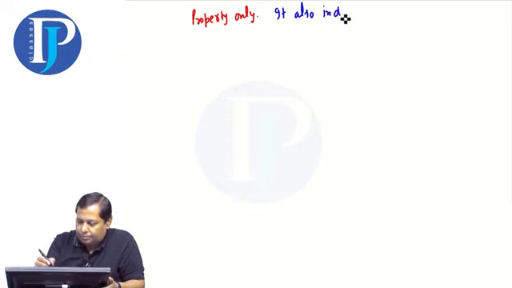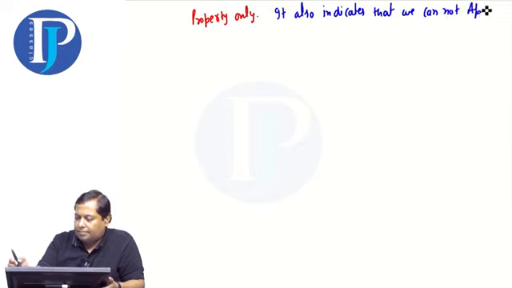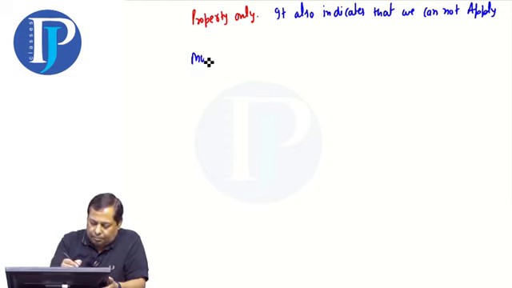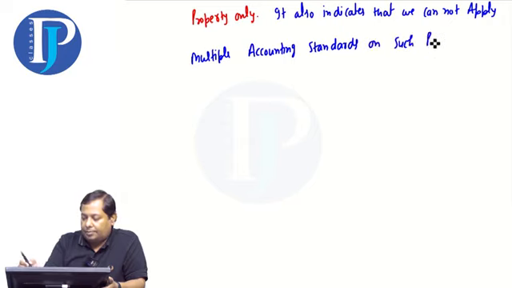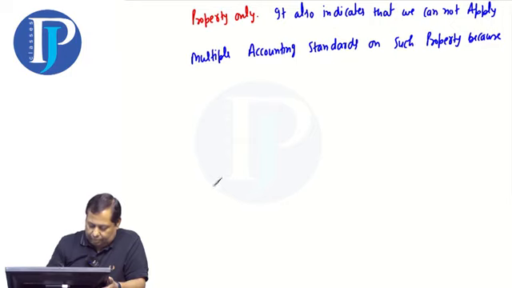It also indicates that we cannot apply multiple accounting standards on such property, because it is considered as a whole.